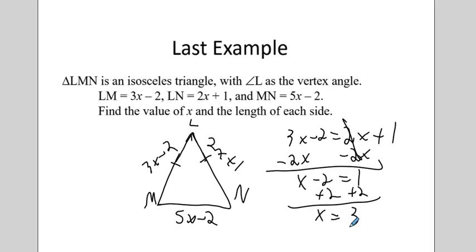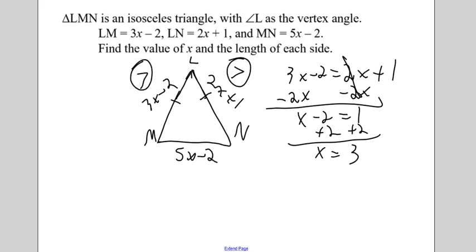I'm going to plug 3 in. 3 times 3 is 9, minus 2 is 7. 2 times 3 is 6, plus 1 is 7. That makes sense. They should be the same. And last but not least, the base, 5 times 3 is 15, minus 2 is 13. And that's it.